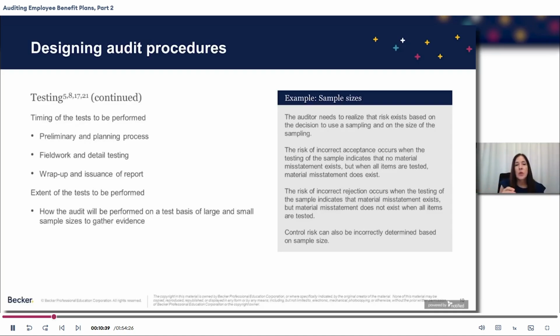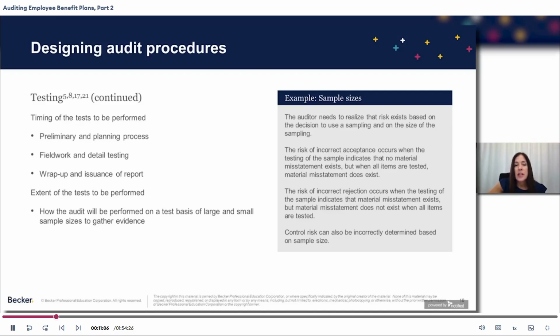So that's where we're going to be modifying some of the extent of the test that we are performing by increasing or reducing the sample sizes. The risk of incorrect acceptance occurs when the testing of the sample indicates that no material misstatement exists, but when all items are tested, material misstatement does exist. So that's that risk of incorrect acceptance.